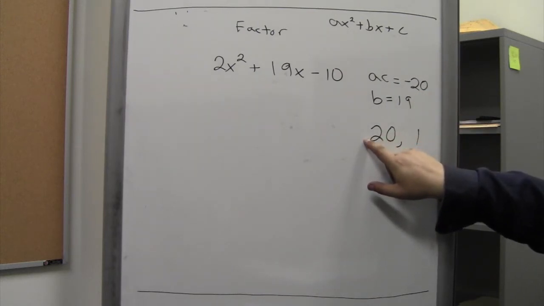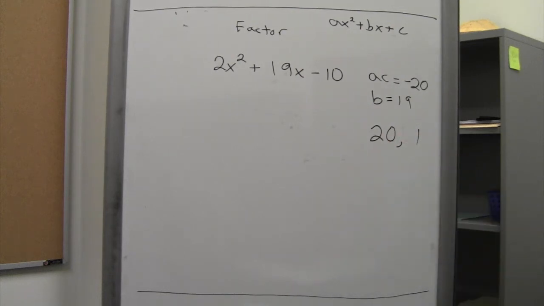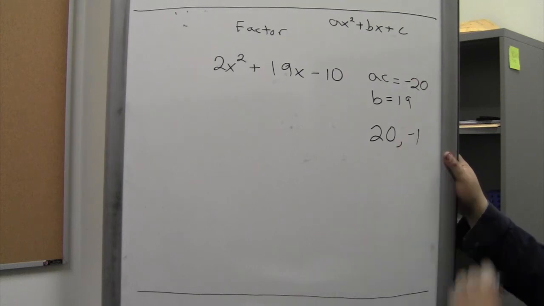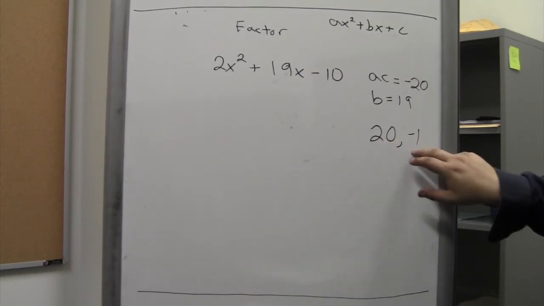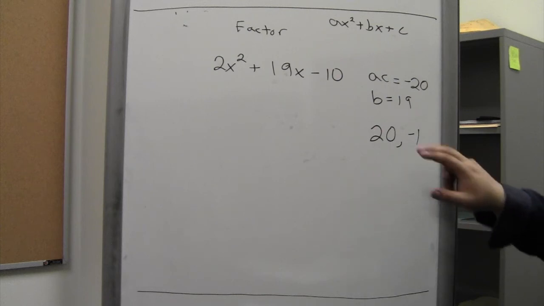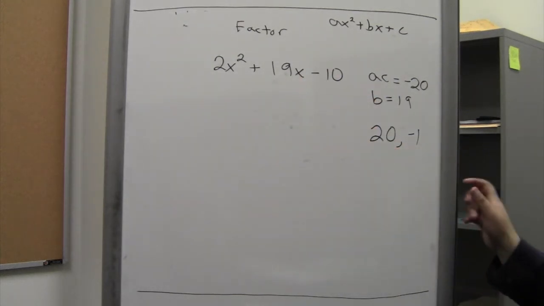If we make this negative, it'd be negative 20 plus 1. That would give us negative 19. But we need positive 19. So this one should be negative because now, again, multiplication, we get negative 20. Add these, positive 19. So we have what we need when it comes to the two numbers. Step 2, we rewrite this middle term using these two numbers.